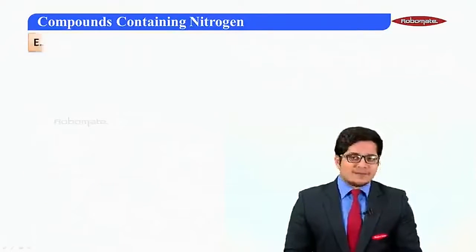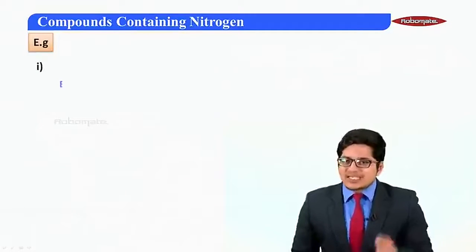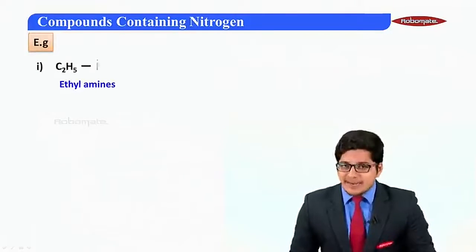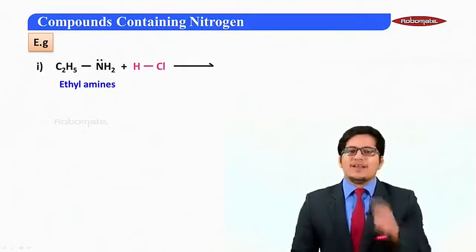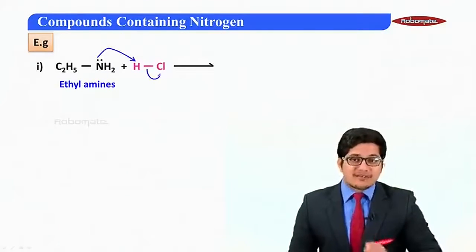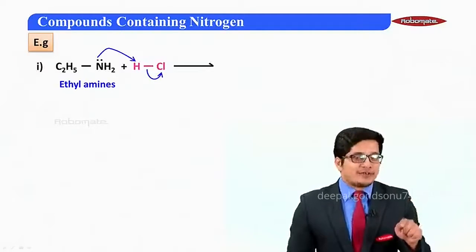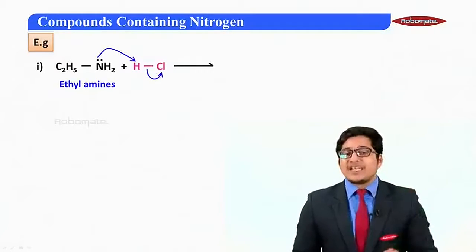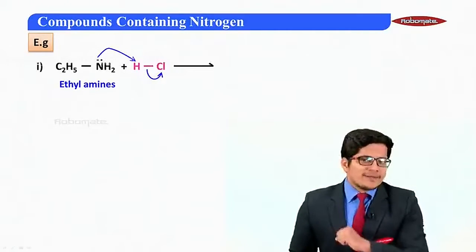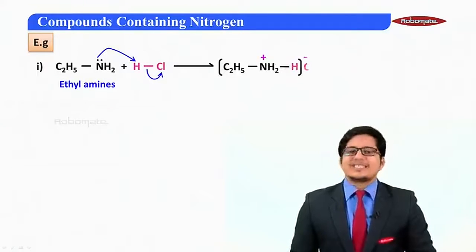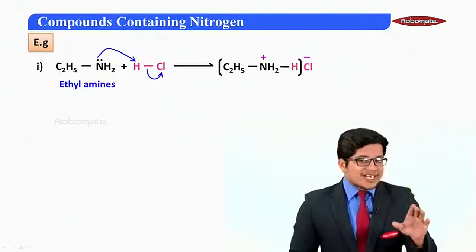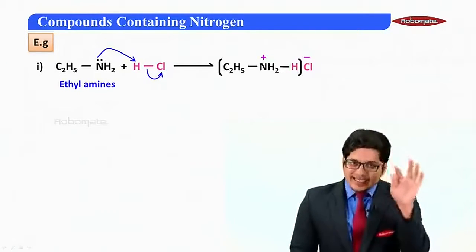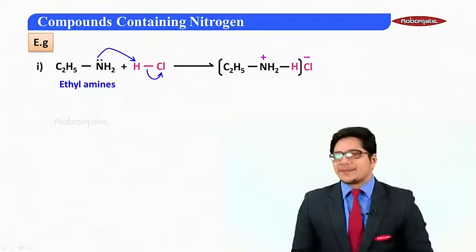Let's move further and start with some examples. Let's take ethylamine and add HCl to it. Nitrogen donates its electrons towards hydrogen, and chlorine is removed as Cl minus. So we get C2H5NH2 positive, attached to H, and attached to the entire thing is Cl.